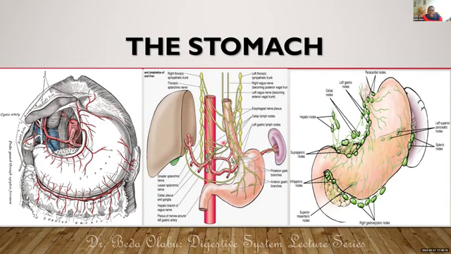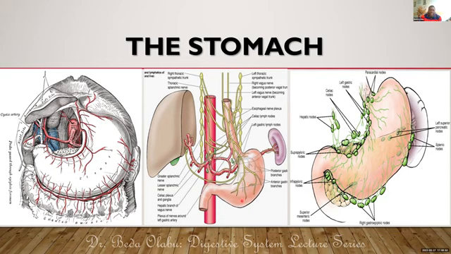Then sympathetic innervation to the stomach comes from what we call the splanchnic nerves. Remember, the splanchnic nerves are from the lower thoracic sympathetic nerves, which go direct to the abdomen. And so those splanchnic nerves are the ones that also participate in the innervation to the stomach.